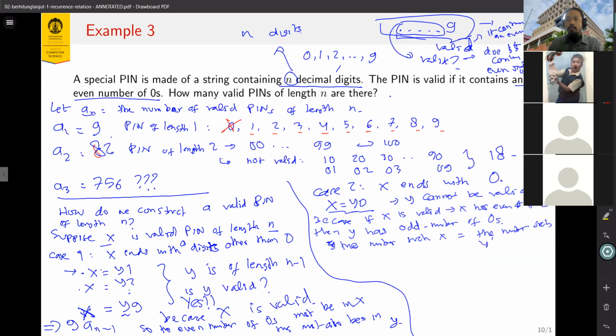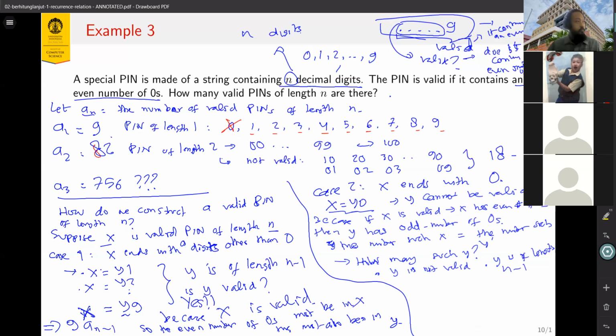Now, how many such y? You know that y is not valid, and y is of length n minus 1, correct?